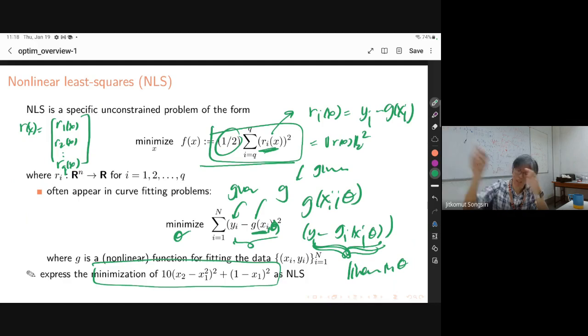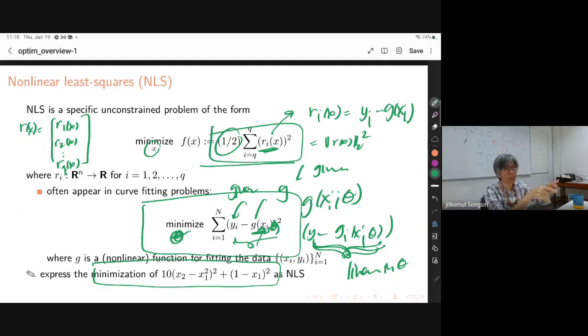Do not get confused: this is x in terms of the optimization problem. Here I try to explain that nonlinear least square is seen a lot in applications as a curve fitting problem. With this standard notation, the optimization variable is theta, the parameter of the curve. In the context of curve fitting, the variable x is the data point on the x-axis, not the x in our optimization. Your theta here is the x in minimization.